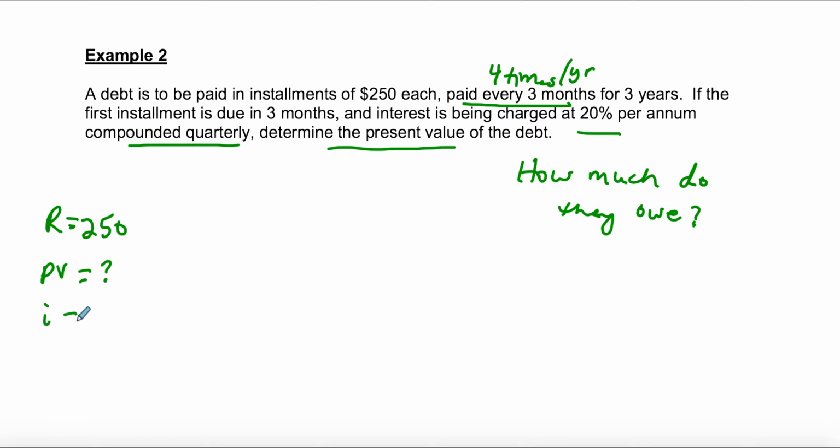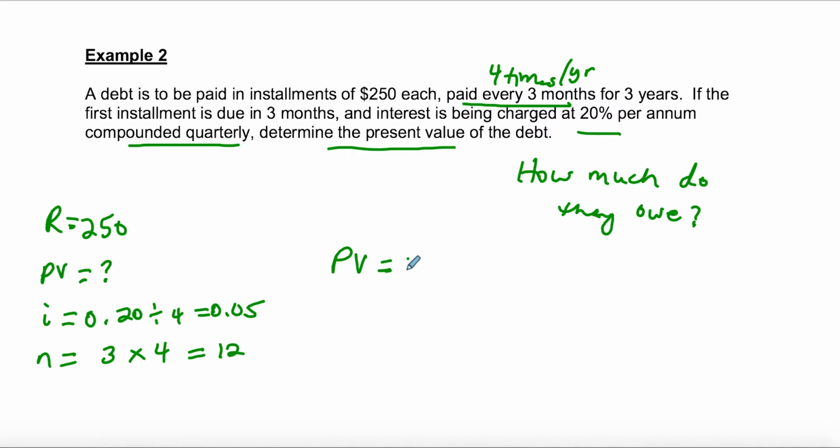The interest rate is really high, 20%, but it's quarterly. So that's 0.05. And then the number of compounding periods, 3 years, but 4 times a year. So that's 12. So we have this big formula. It's really not too bad.